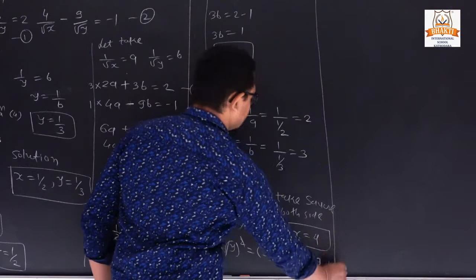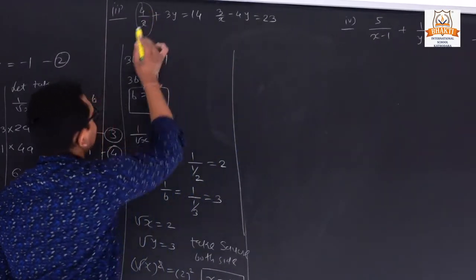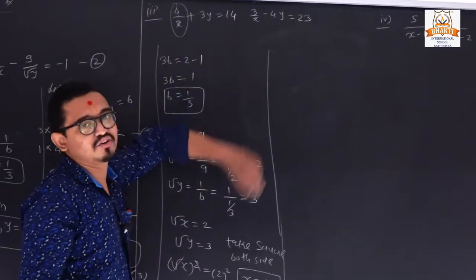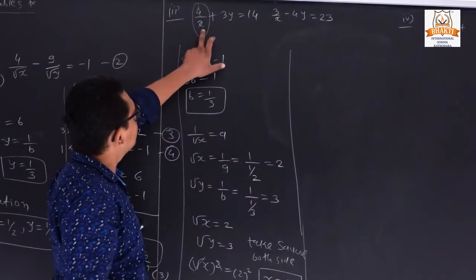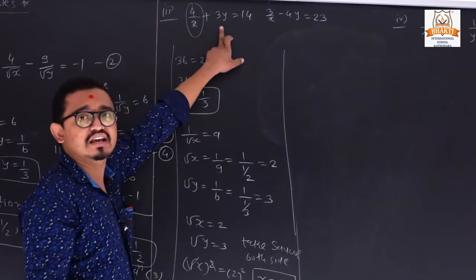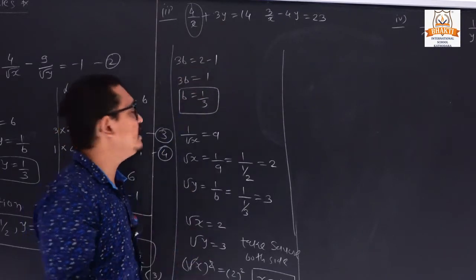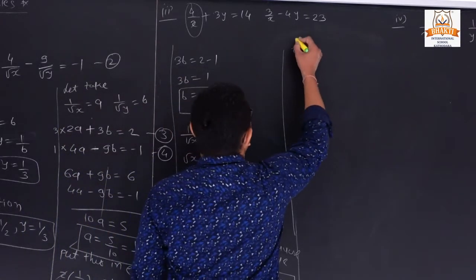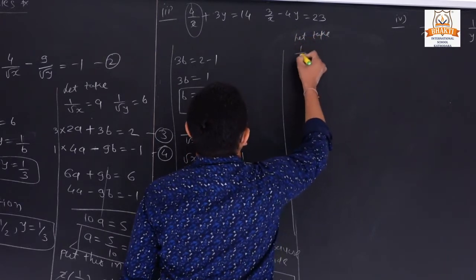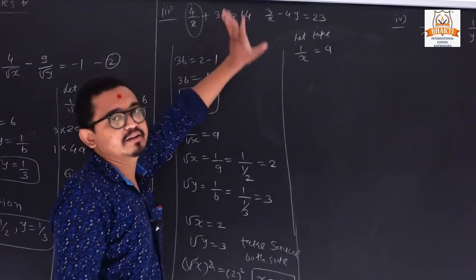Now next, third number. Here see that 4 upon x plus 3y is equal to 14. In the first term we have only 1 upon x, and here y will be directly multiplied with 3. So here I am taking it like this. Let 1 upon x be equal to a, and here y will remain the same.